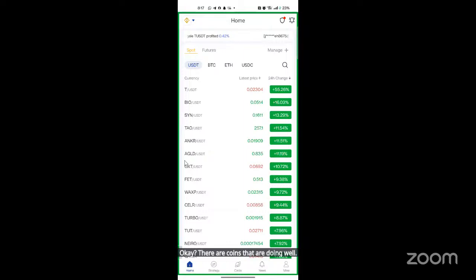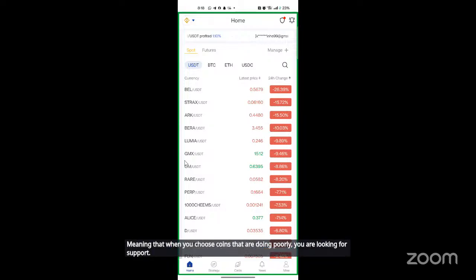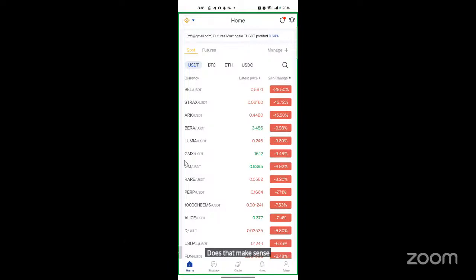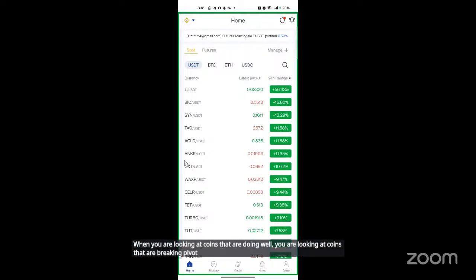When I tap on the negative side, these are coins that are doing poorly. Meaning that when you choose coins that are doing poorly, you are looking for support. Does that make sense? You are looking at coins that are making support areas. When you are looking at coins that are doing well, you are looking at coins that are breaking pivot, moving to resistance.